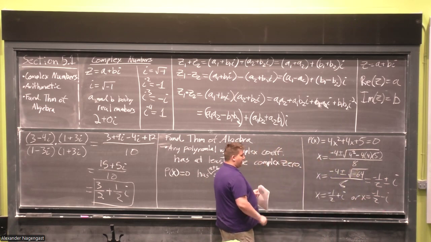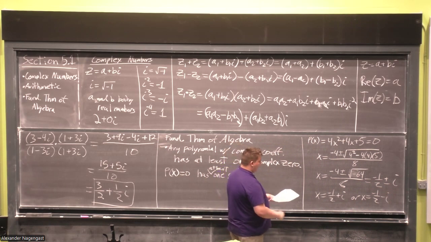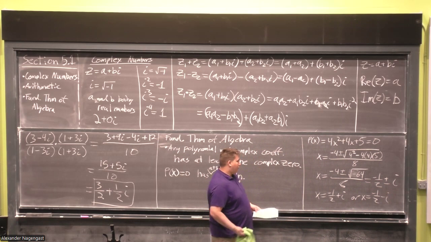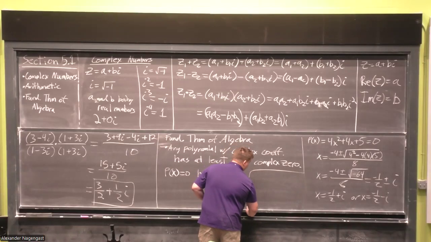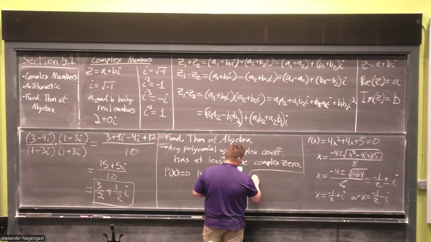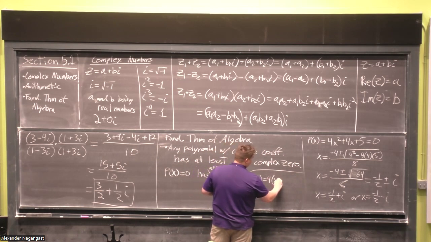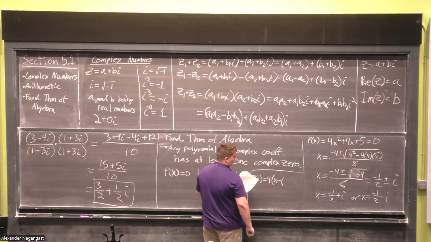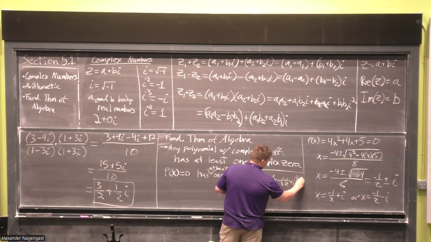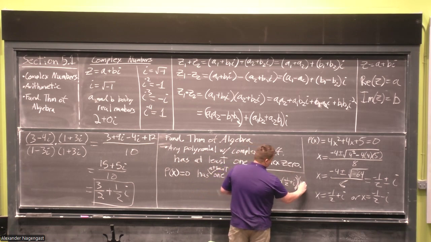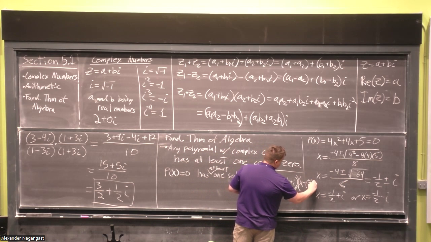And we can write this polynomial in a factored form. So we get P of x is equal to 4 times x minus our solutions, so x minus (-1/2 plus i) times x minus (-1/2 minus i).